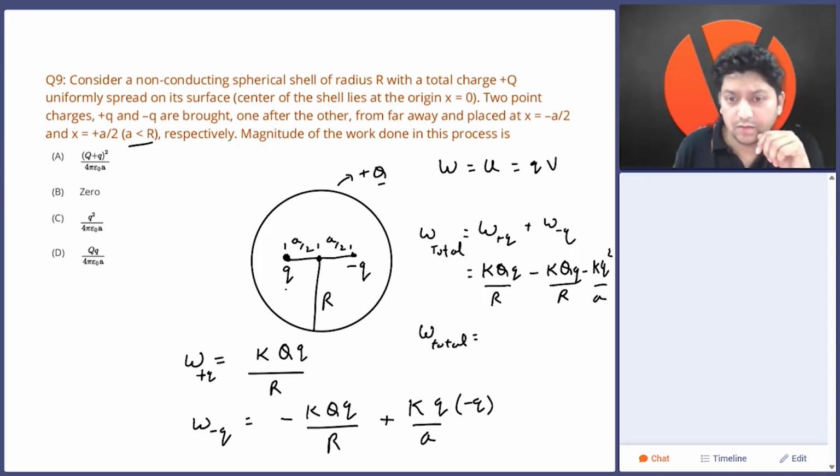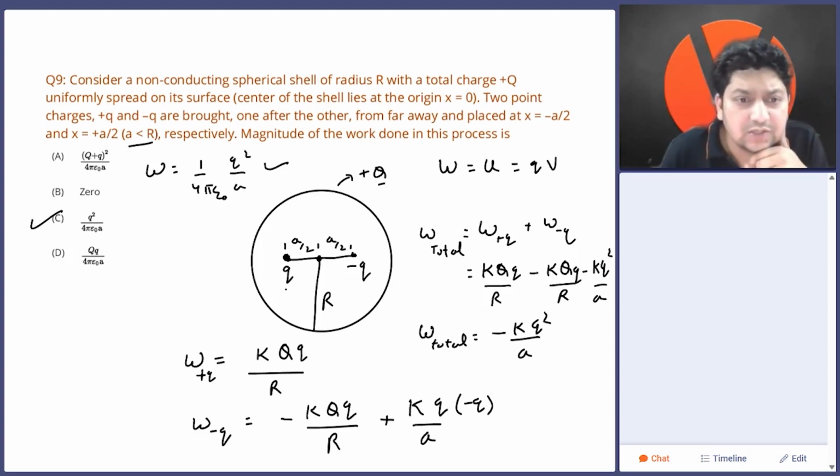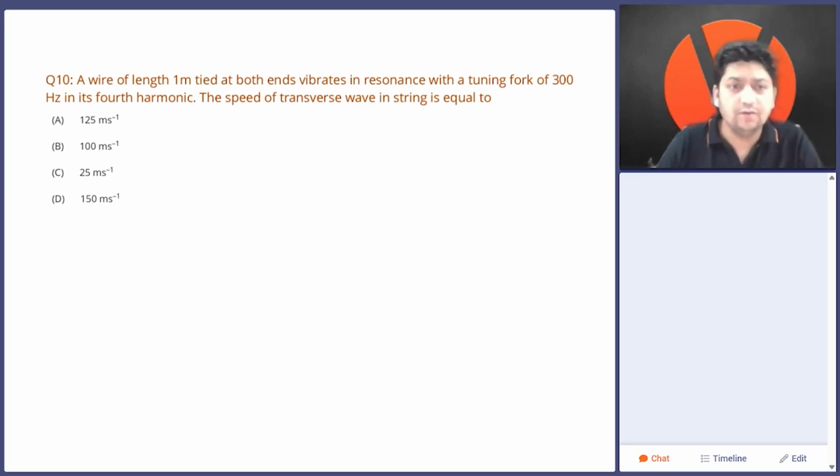So total work will be minus k q square by a. Now we know k is 1 upon 4 pi epsilon naught. As they are asking regarding the magnitude only, let's make it positive. So the work done will be equal to 1 upon 4 pi epsilon naught, q square by a. So this is your answer. I think option C is the correct answer. Option C is your final answer. So this is how you solve such type of questions.